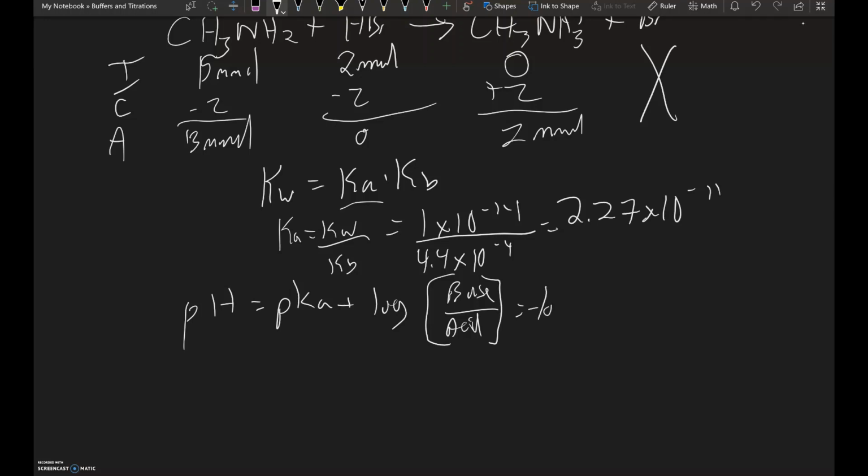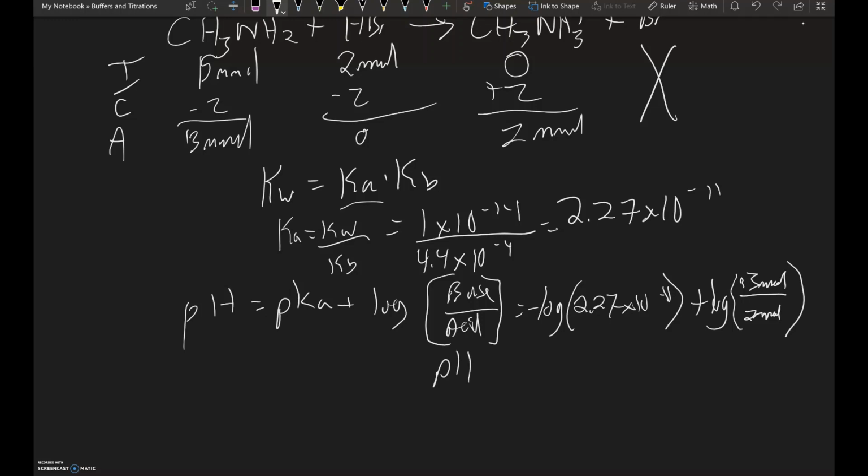To figure out the pKa, we take the negative log of 2.27 times 10 to the minus 11, plus the log of base over acid. Our base, we had 13 millimoles, divided by the 2 millimoles of conjugate acid, and so the pH is found to be equal to 11.46.